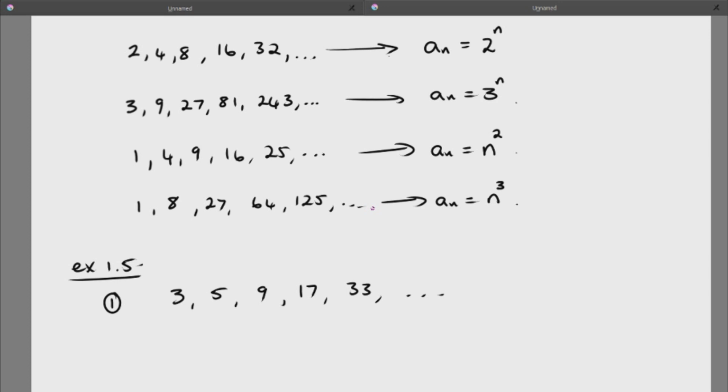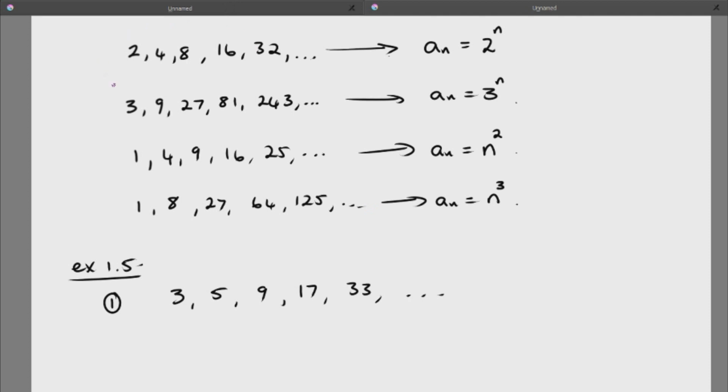I claim that this is the closest to the first one of the four, powers of 2. But it's not the same. What is the adjustment to go from the powers of 2 to this sequence? Well, depending on which one you look at first.